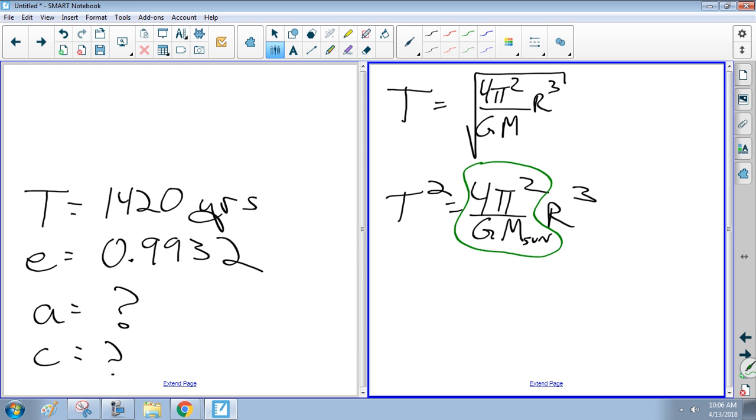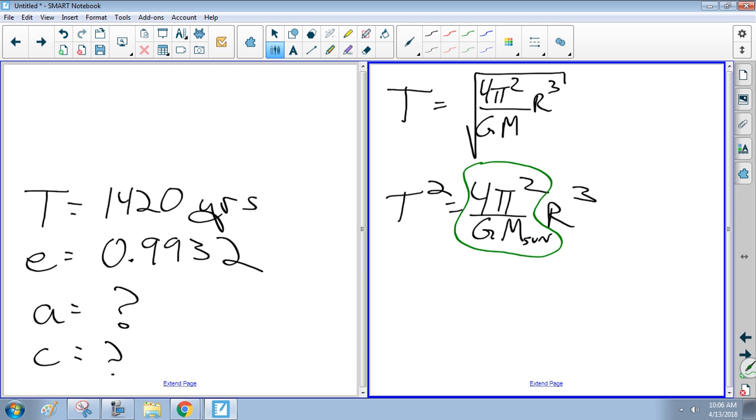Okay, so any two objects that are orbiting the sun should have this same constant. What that's basically telling us is for any two objects orbiting the sun, the period squared should be proportional to the radius cubed, right? Does that make sense?